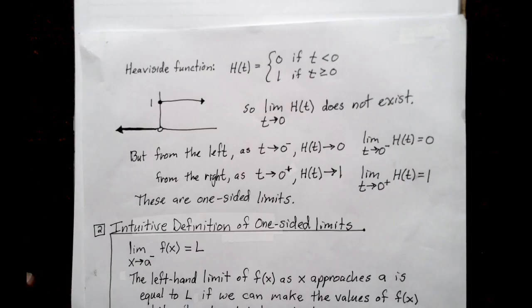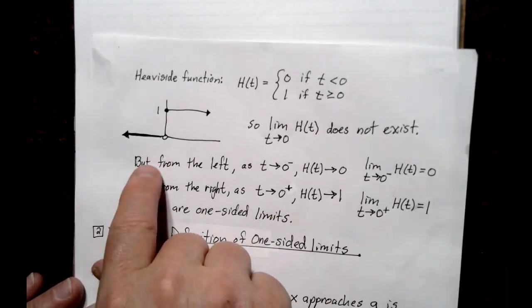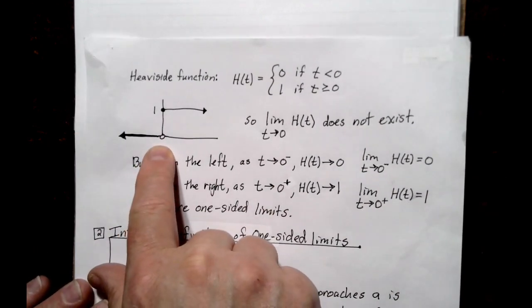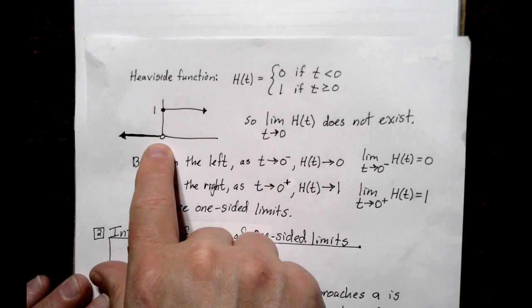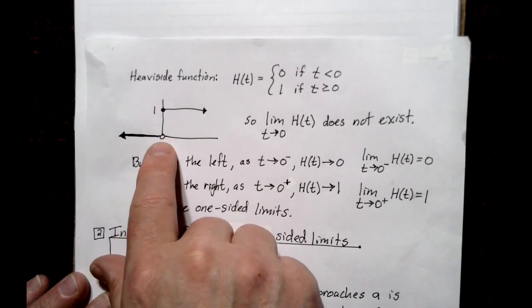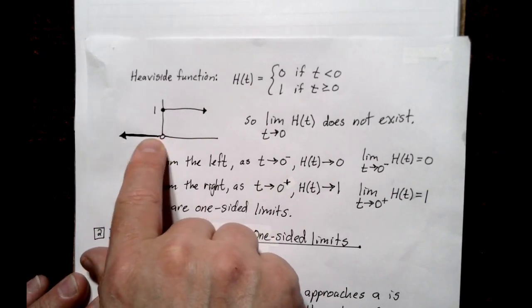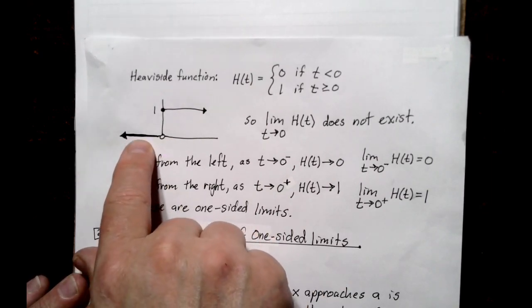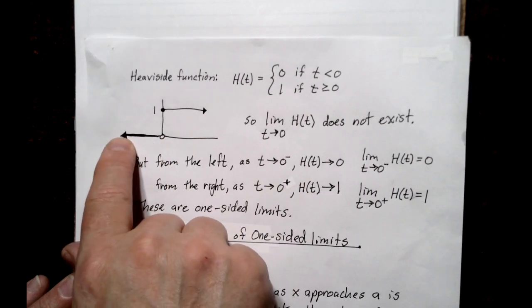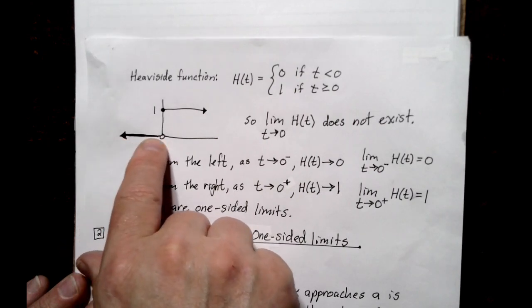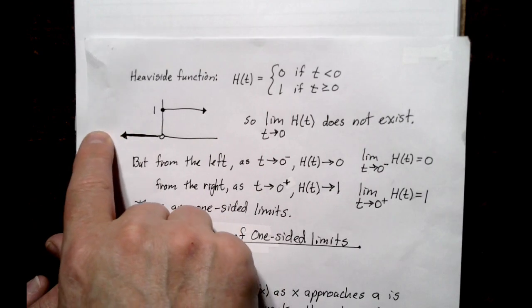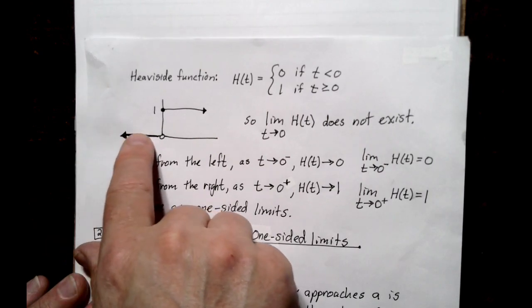Alright, let's talk about the Heaviside function. This is a function that describes the current in an electric current that switches on at time 0. So at any number x or t less than 0, it gives you a 0 value. So any number in the negative area is always 0, 0, 0.